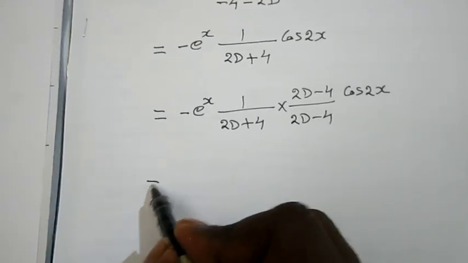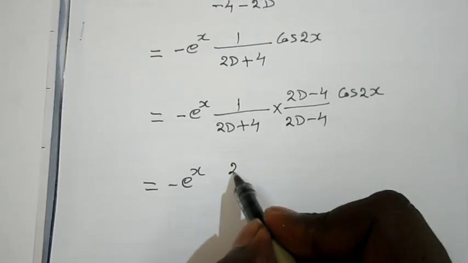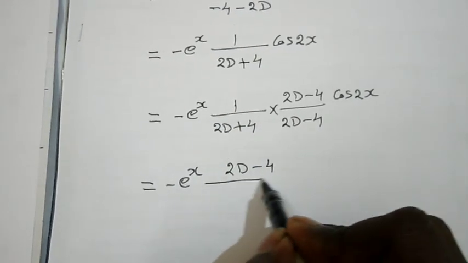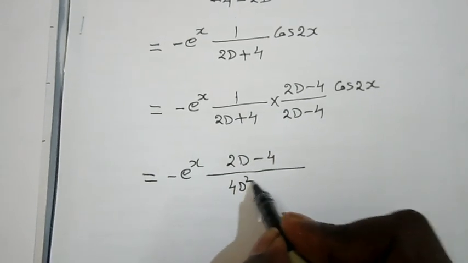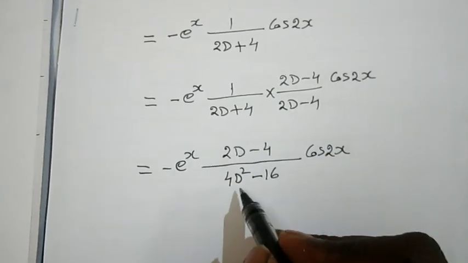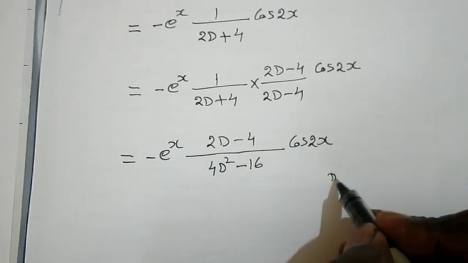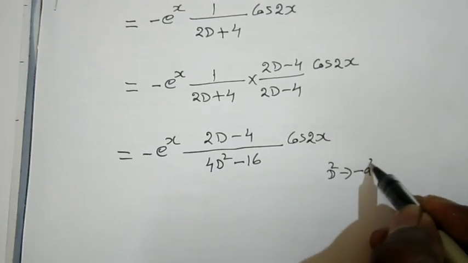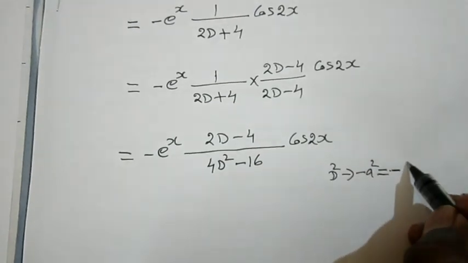Multiplying these two, 2D minus 4 divided by (a plus b)(a minus b), a square minus b square, into cos 2x. Now we have D square in the denominator, so again I replace D square by minus a square, which is minus 4.